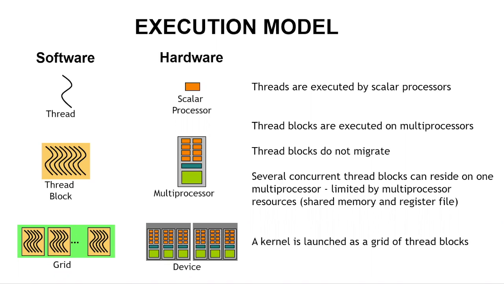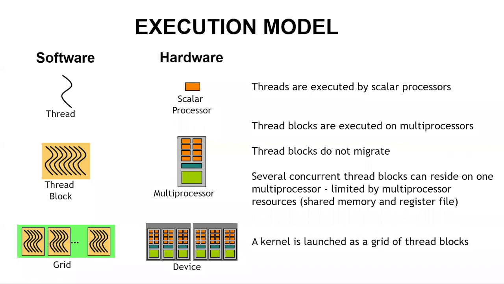They're designed into the SM, and therefore, in order for threads to be able to share data using shared memory, as we saw in our last lesson, it's necessary for the shared memory to be coherent within a single SM. And therefore, we require that all of the threads in a thread block execute together on the same SM.